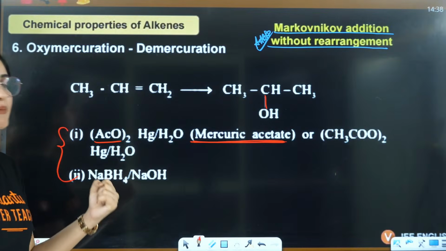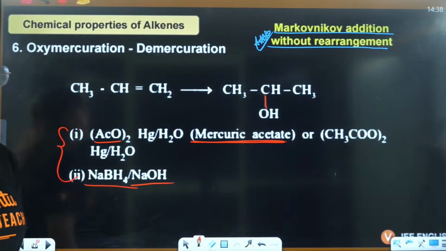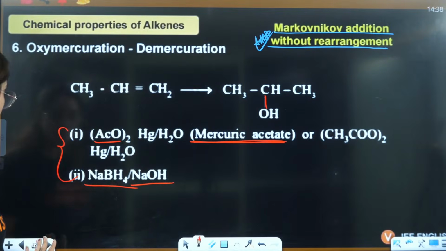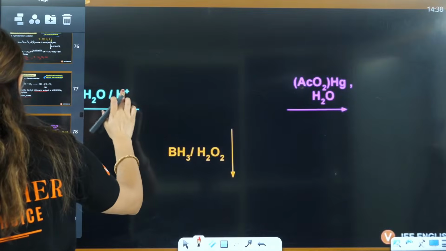The second is the demercuration step, where you add a reducing agent. Directly remember that it follows Markovnikov rule without any rearrangement. Okay guys, is that clear everybody?